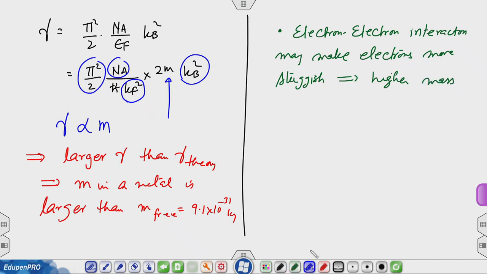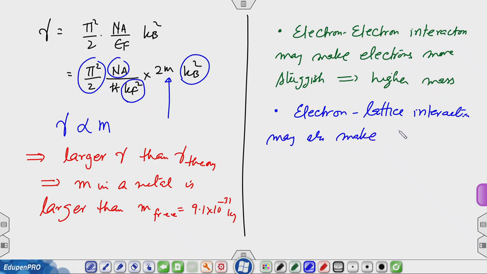Similarly, other thing we have neglected is the electron lattice interaction. May also make electrons slow to respond, because anytime there is an interaction, for example, you are walking, but if you are interacting with a lot of people, your walk becomes slower. So the electrons may move with little higher inertia. So this may give a higher mass.